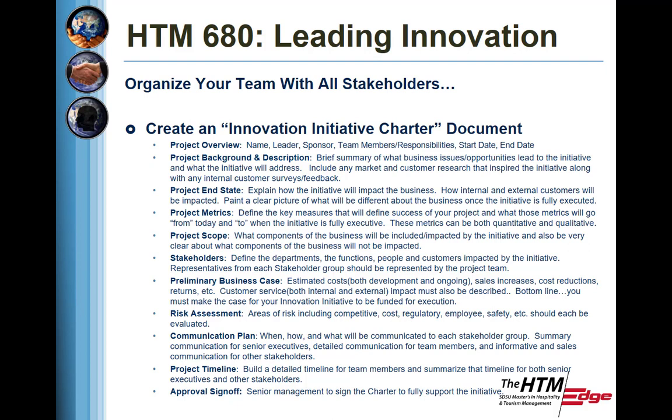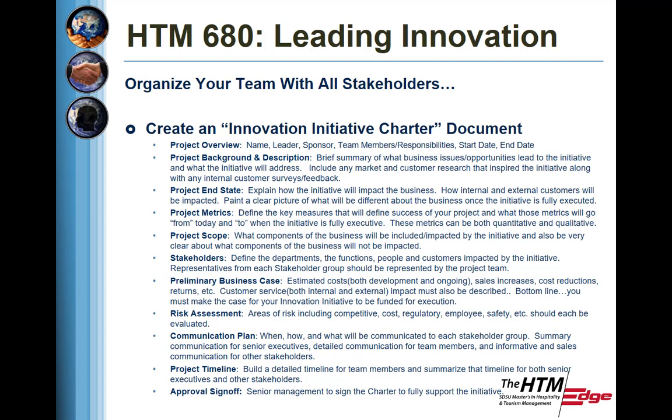You can read this at your own leisure, but understand that you need to give an overview, a background, and description of the project. You need to clearly define the end state and how you're going to measure success, what's in scope, what's out of scope, who all the key stakeholders are. Provide a preliminary business case. It won't be your final business case.